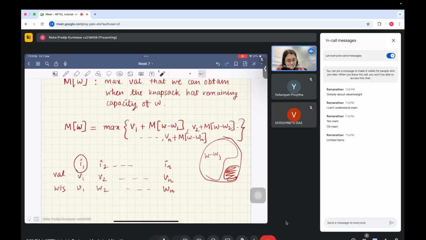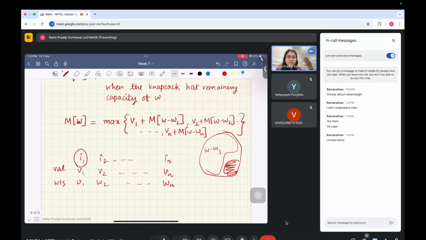Okay, so if it is clear, then can someone tell me what is the value that I want to find? What is the final answer? What is the value that I should write here, which will give me the solution for the problem that I asked?